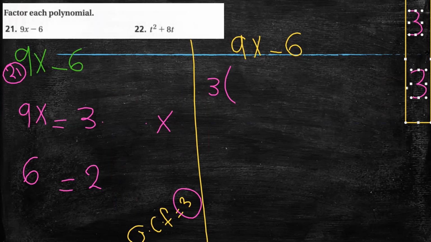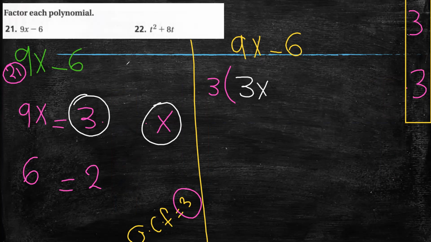Then I will write now what we have at the rest. What is left? If we remove the 3, look at the first term here. I want only the 9x. In the 9x, if I remove the 3, what is left? 3 and x. 3x. Keep it as a 3x. Then minus.